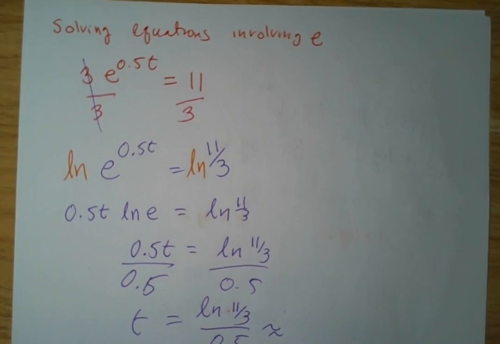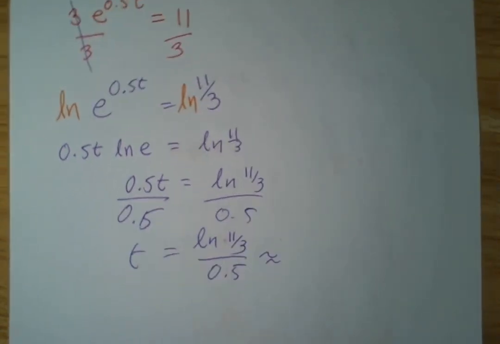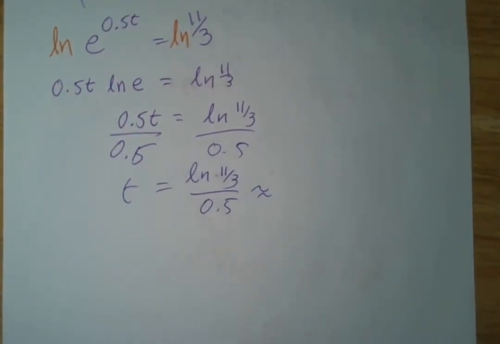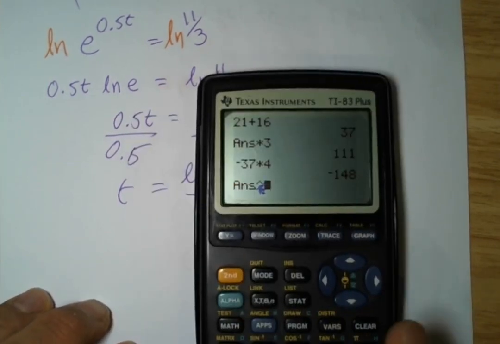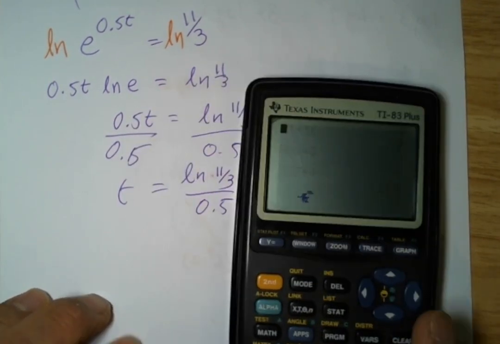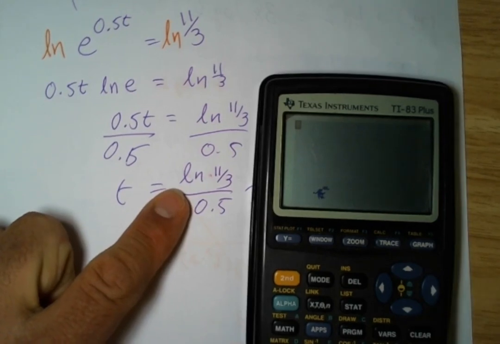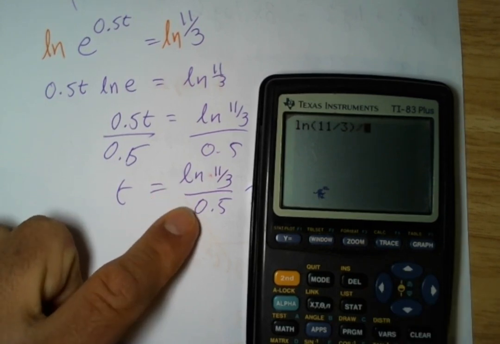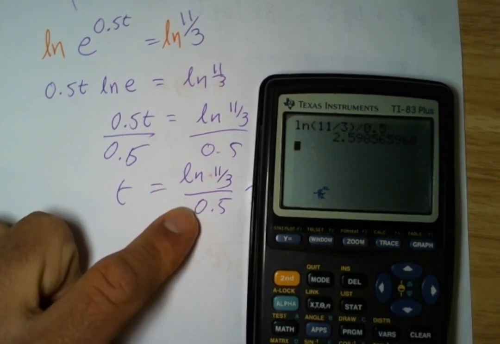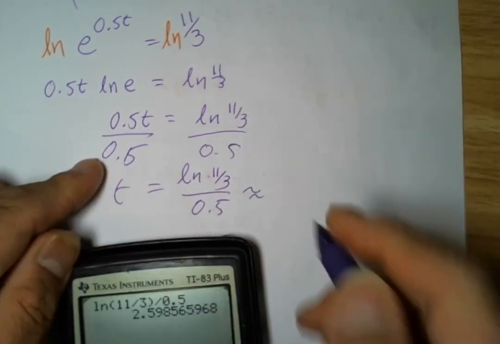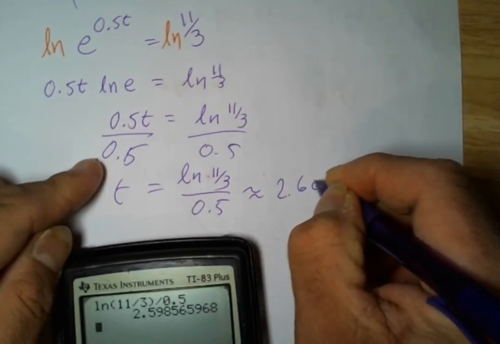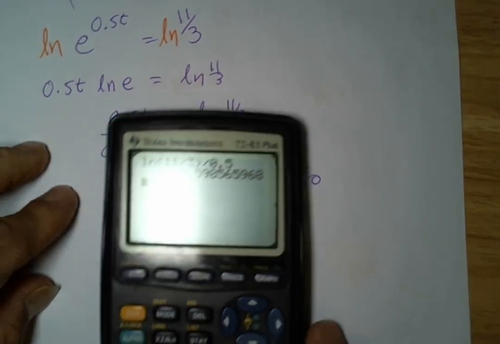I'll take out my calculator and plug in the natural logarithm of 11 over 3 divided by 0.5, and if we go to 2 decimal places, we get approximately 2.60.